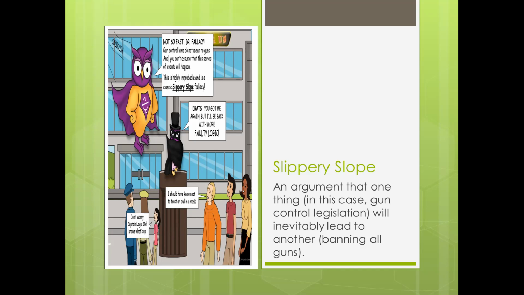Gun control laws do not mean no guns. And you can't assume that this series of events will happen." This is highly improbable, in fact, and is a classic slippery slope fallacy, to which Dr. Fallacy, of course, says, "Drats, you got me again, but I'll be back with more faulty logic."